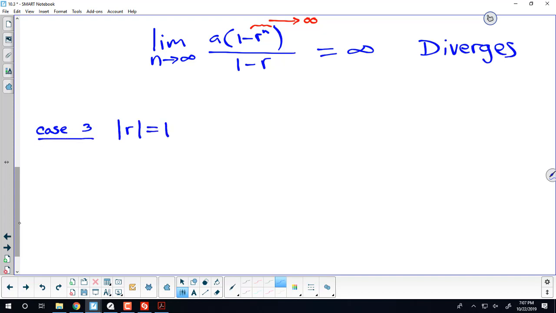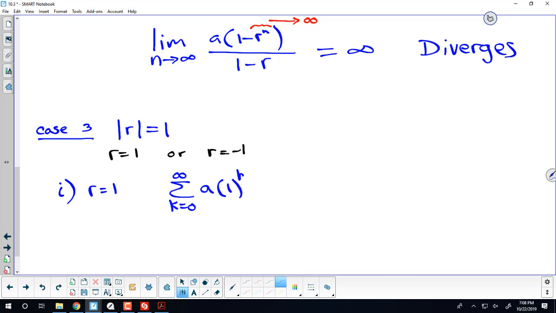So really case 3 is when the absolute value of R equals 1, which again means either R is 1 or -1. If R equals 1, then our series from 0 to infinity is just A times R to the K, or A times 1 to the K. So what would that sum give us? Would it converge or diverge?